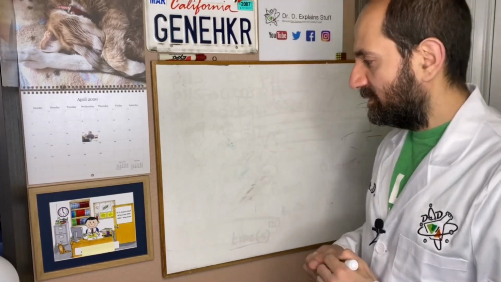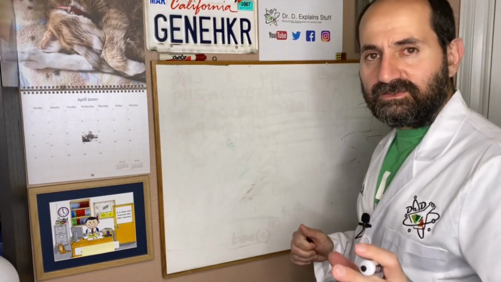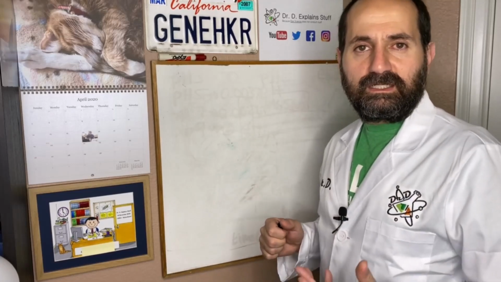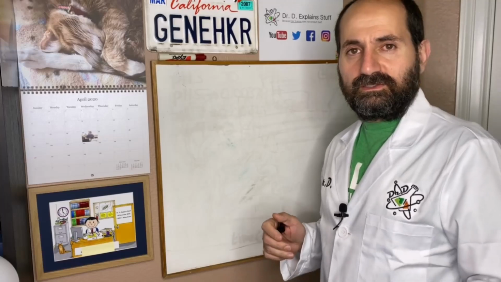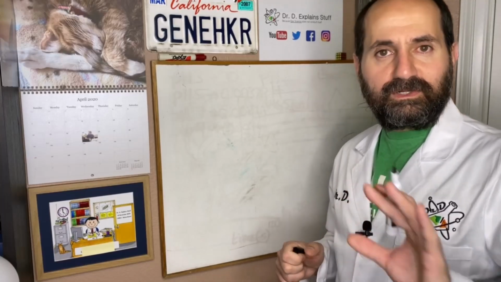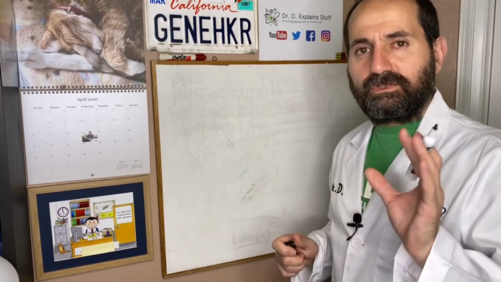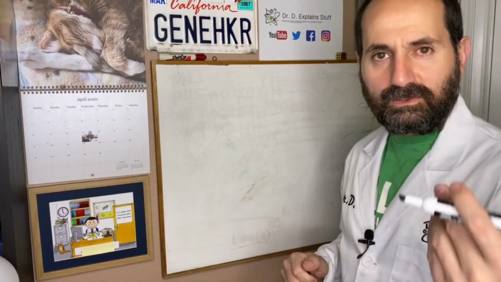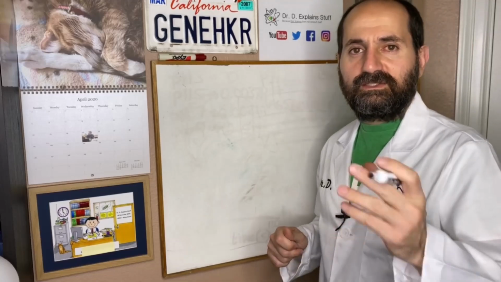Hey everyone, Dr. D here. In this video, I'm going to quickly explain the difference between MHC1 and MHC2. What you need to know is that your nucleated cells in your body, what does that mean? Any cell with a nucleus. Some of the cells without a nucleus would include your red blood cells and your platelets. We're not talking about those, but the nucleated cells of your body: your brain cells, your heart cells, your liver cells, your skin cells.